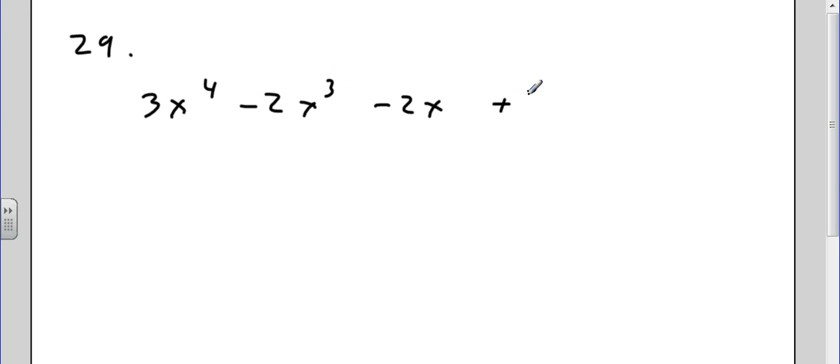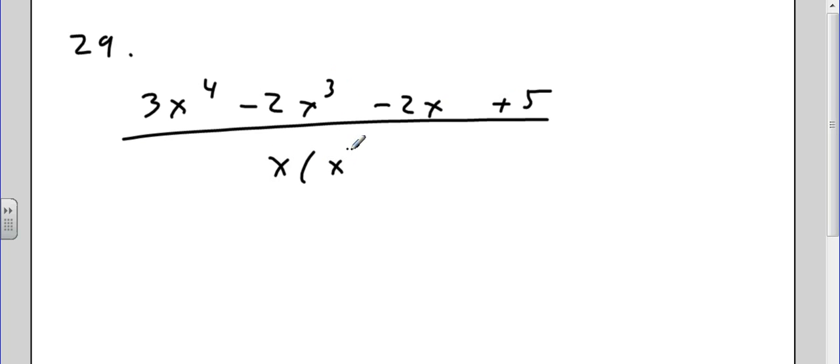All right. So 29. Wow, how do I do this one? 3x to the 4th minus 2x cubed minus 2x plus 5 divided by x squared plus 1.